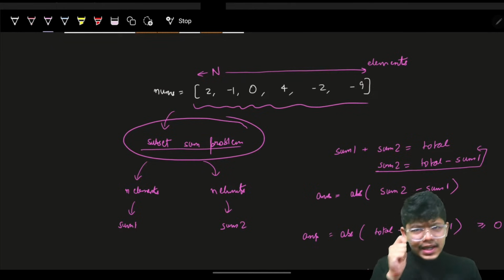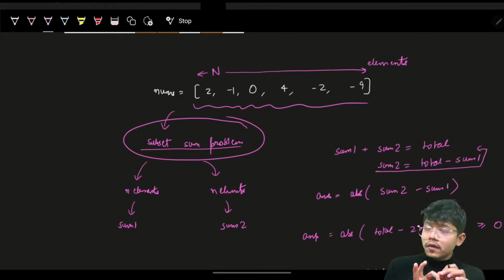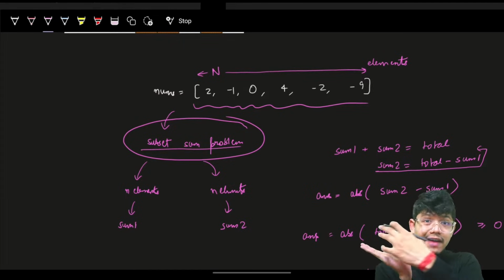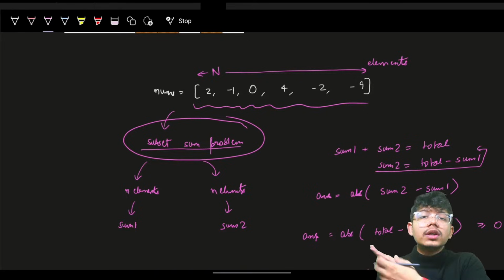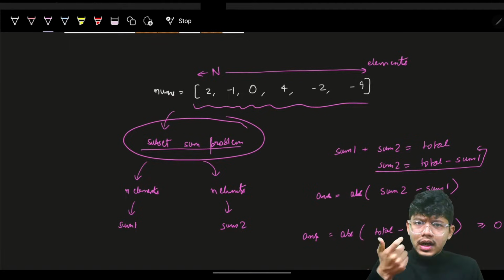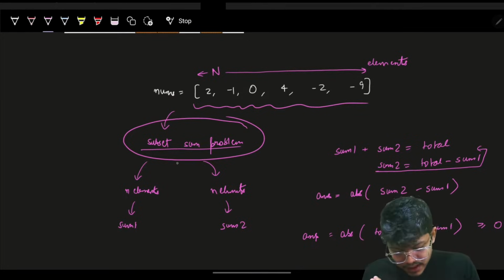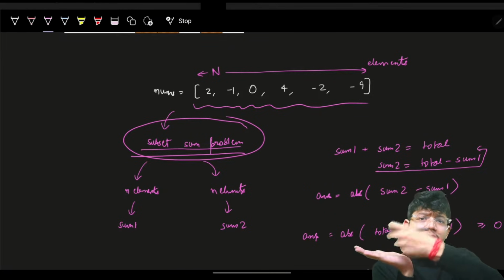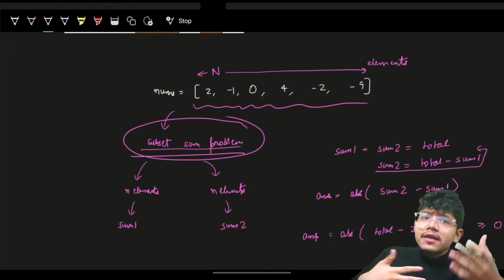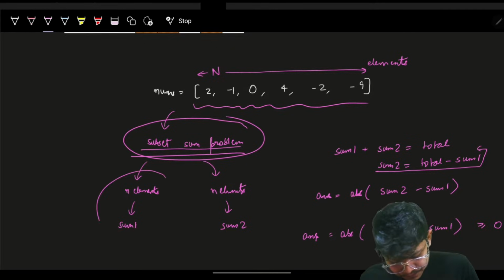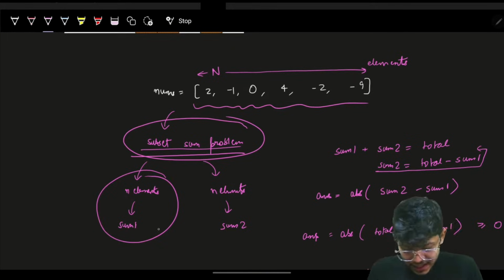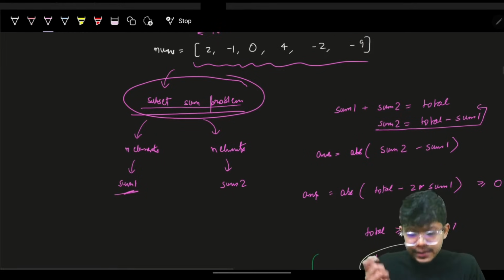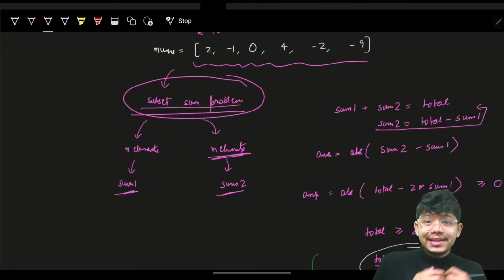Again, I want one partition having n elements and then I want its sum. So it's a subset sum problem: I have to grab n elements, and those n elements will just be the subsets, and then get the sum out of it, and the same goes for the other n elements, and get the sum out of it.